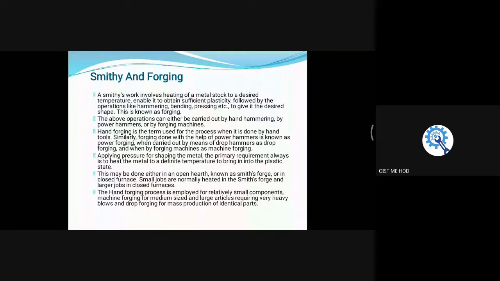Forging means you are going to give a required shape for a rod or for a plate in order to your requirement, and for that one you are going to keep it in plasticity temperature.